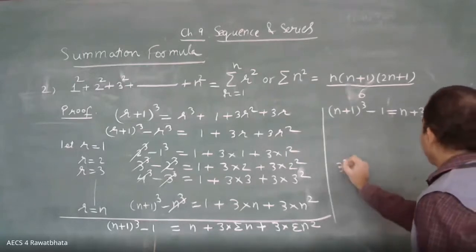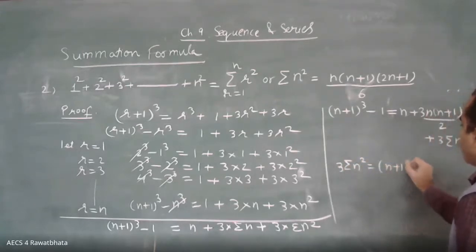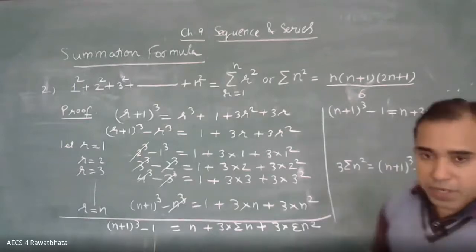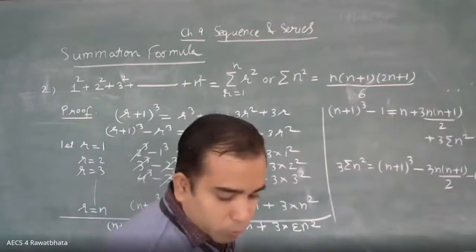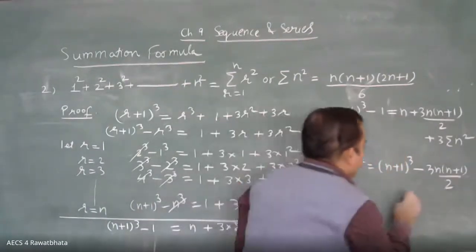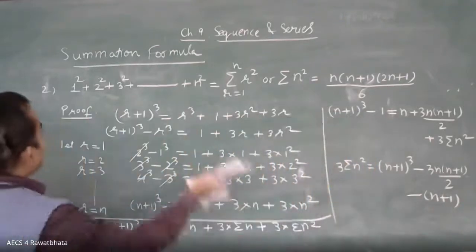So 3 summation n square will be equal to n plus 1 whole cube minus 3n into n plus 1 whole upon 2 minus 1 minus n. So minus bracket n plus 1, minus n plus 1. Yes. And now you can simplify.